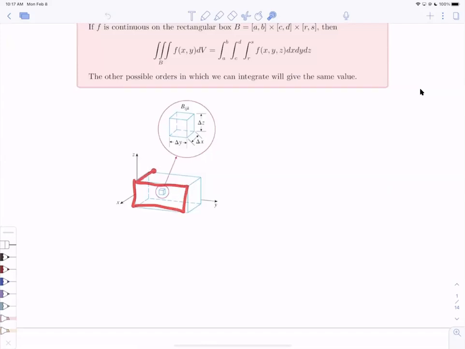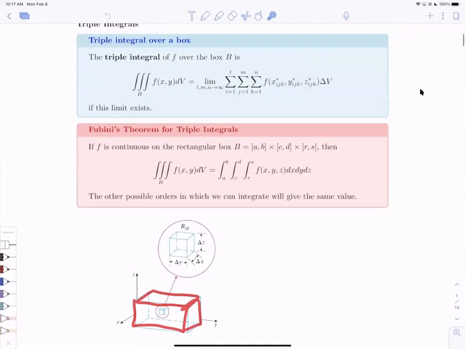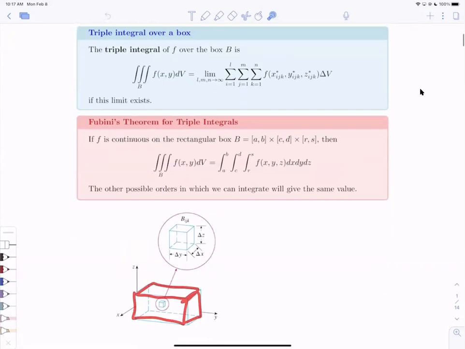Okay, this is your B. And you can use a Riemann sum, which means you are splitting the big rectangular box into small boxes like this. But most likely you will not use a Riemann sum. You will do the integral computation directly.